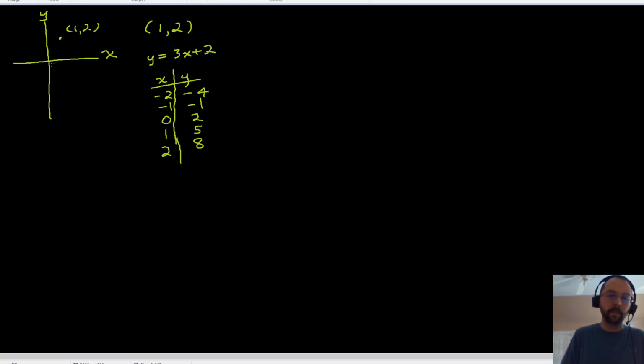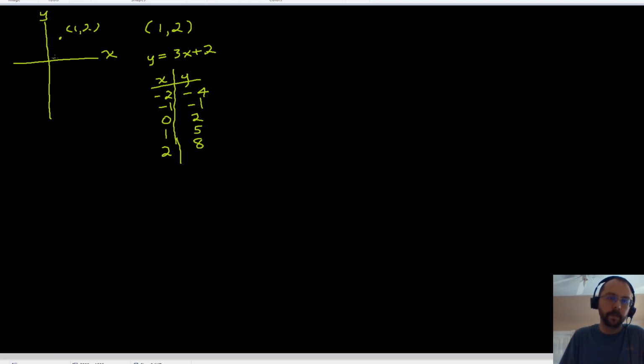Then you could plot all these points, and you could continue to plot points in between these values, or in this case we know that it's a straight line. Generally you can see the shape form as you plot points, and as humans we can just connect the dots in between.